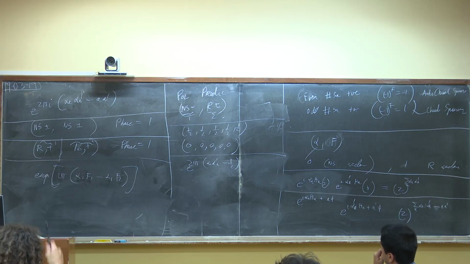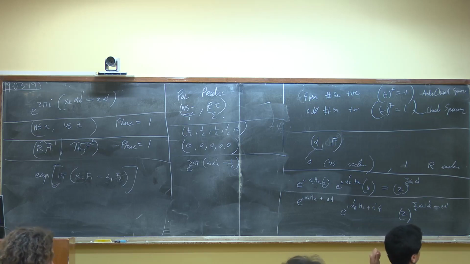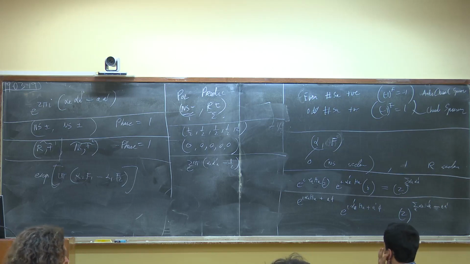So then this is telling me that all I care about is the parity of the number of fermions in the Neveu-Schwarz sector. I don't care how many fermions are in the Ramond sector. But the Ramond sector seems like the place where the minus halves would show. The balancing of the minus halves seems like it should happen in the Ramond sector. How come?